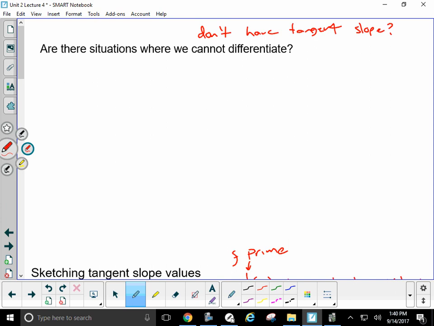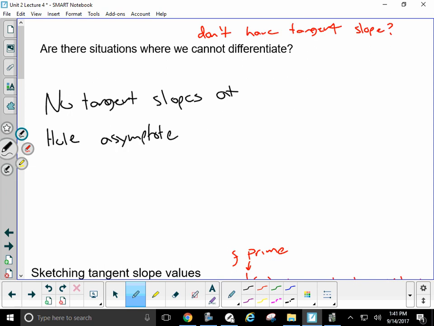So you can't have a tangent slope at a hole, an asymptote, or a jump. You must be continuous.